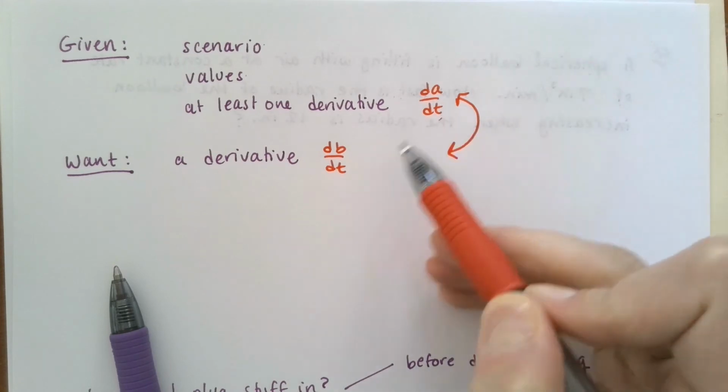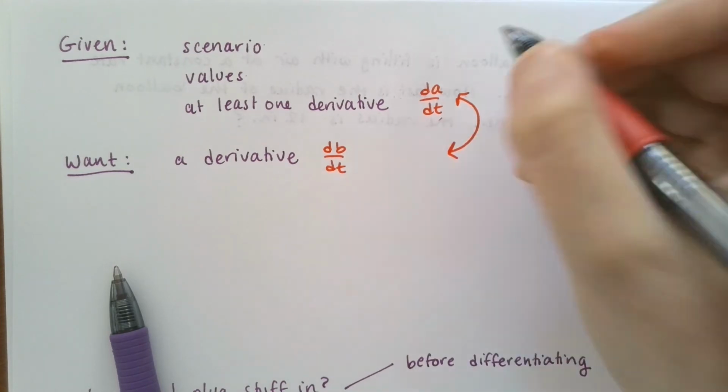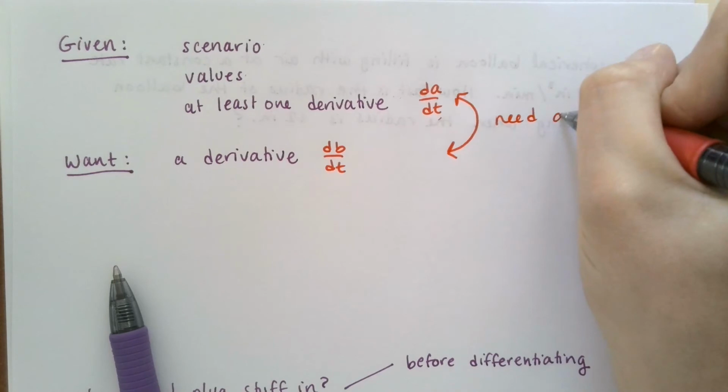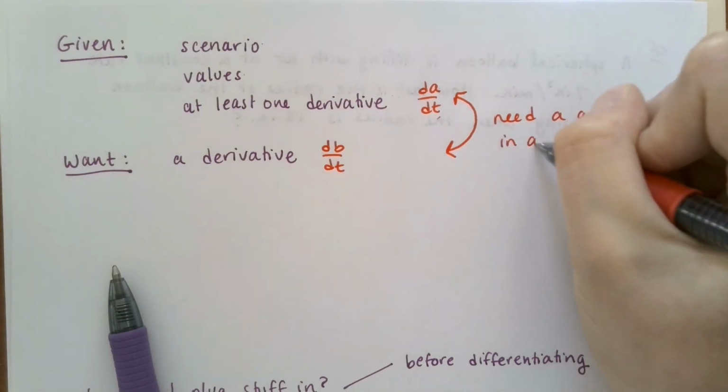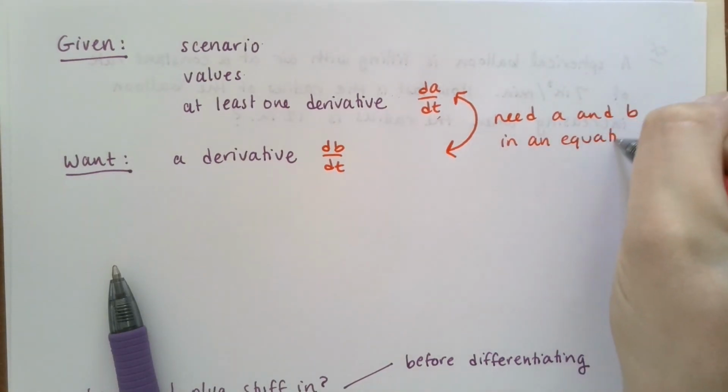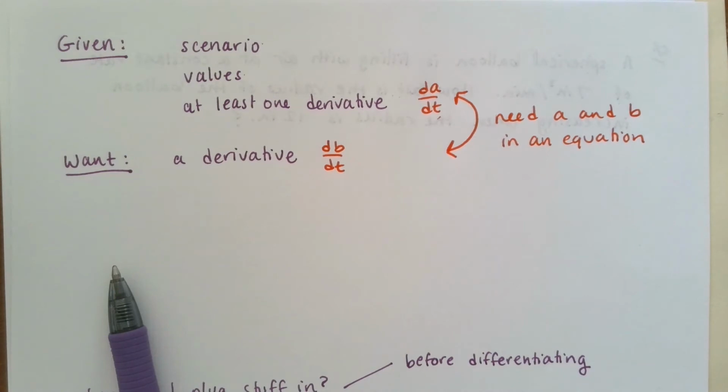So if I have dA/dt and I want dB/dt, that means I would need A and B, whatever they stand for in that particular scenario, in an equation. Don't worry about their derivatives, right? Because you're going to take the derivative of that equation. So it's not like you need the derivatives to be there in the first place.